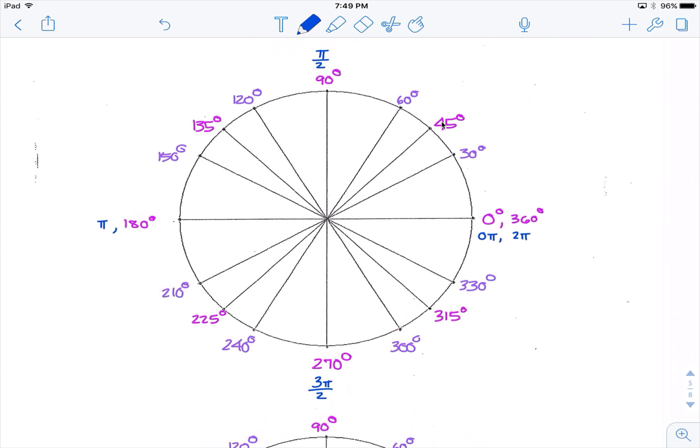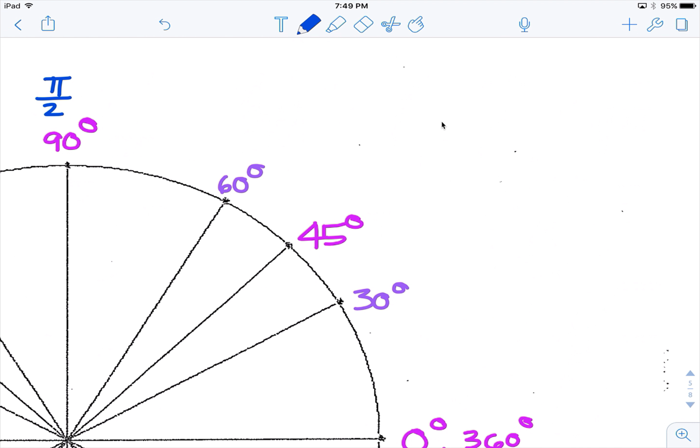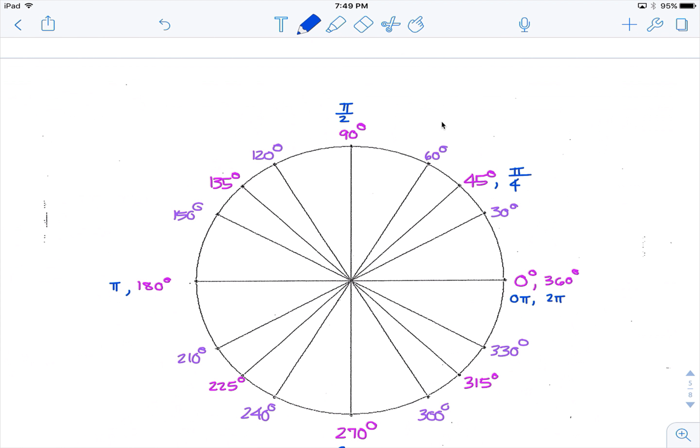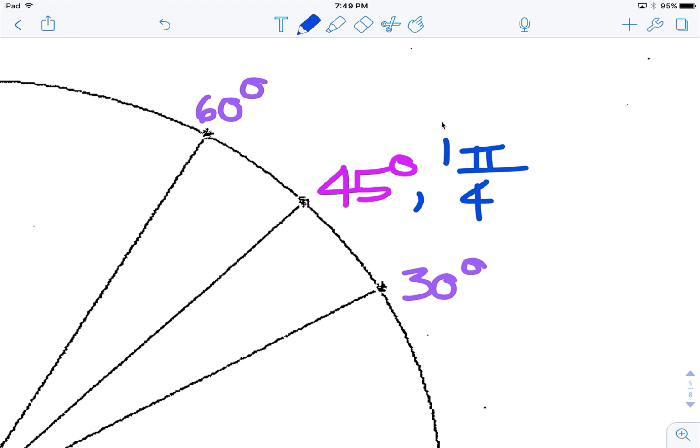So then halfway between 0 pi and pi over 2 would be pi over 4. So now you can think of it as counting in pi over 4s if you remember that pi over 4 goes with 45 degrees. So we can put an understood 1 here.